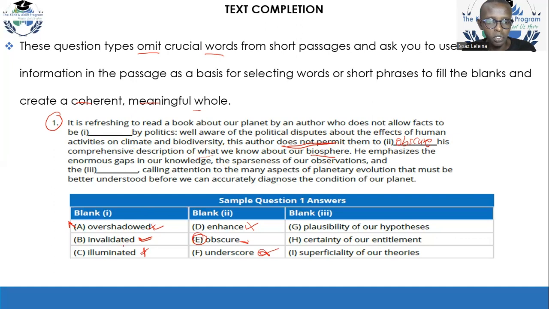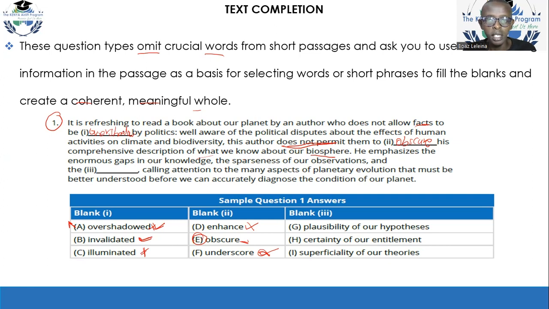Invalidated does not really work here because he's sharing facts here. It's not his opinion. So he does not allow his facts to be overshadowed by politics, meaning he does not allow politics to make his facts less known.